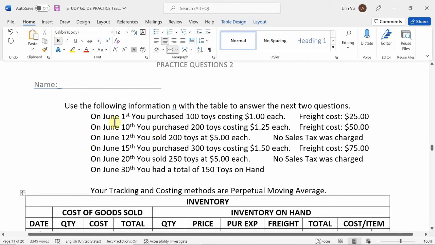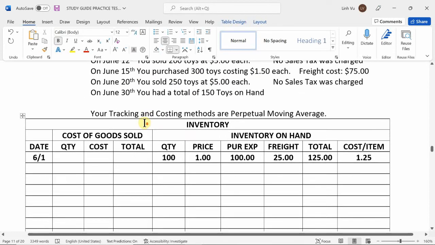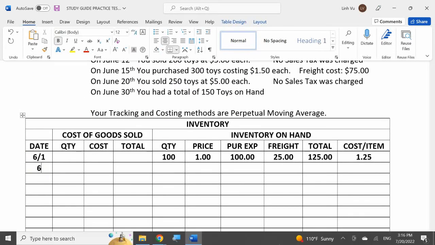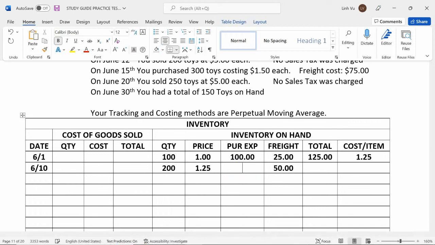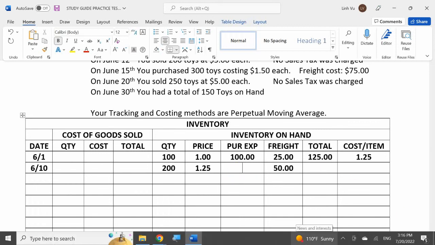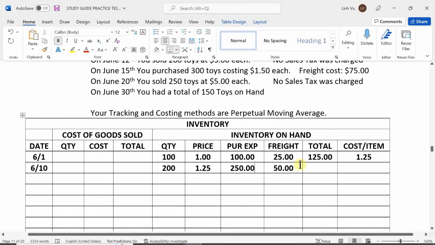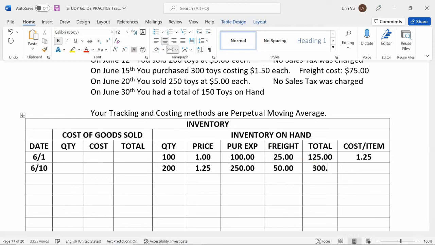We made a purchase on June 10 for 200 toys costing $1.25 with a freight of $50. So again, June 10, we have 200 units at $1.25 with a freight of $50. So in this case, this gives me $250, and that gives me a total of $300.